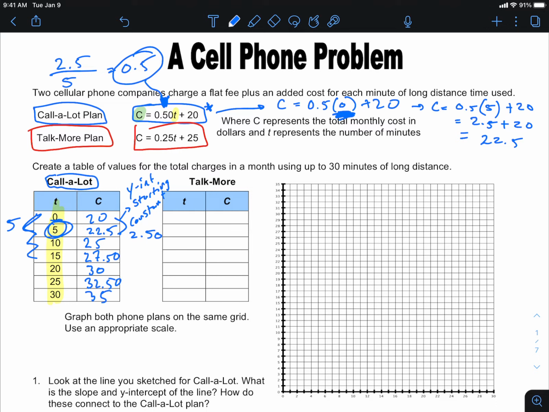Okay, does anybody have any questions with what happened there? You could produce that entire table of values by using the equation and plugging in every single time value and producing the outputs. Okay, I don't want to do that. I don't think you want to do that either. You want to use some skill and recognition of the slope to do it.